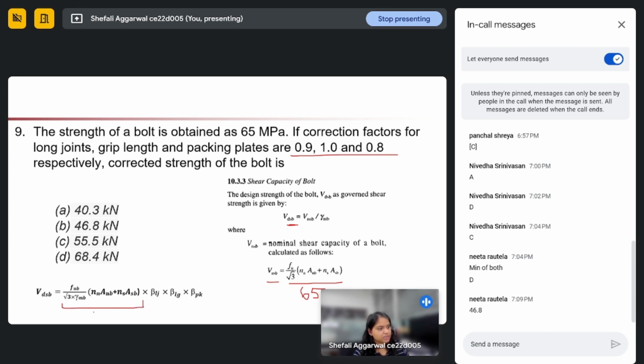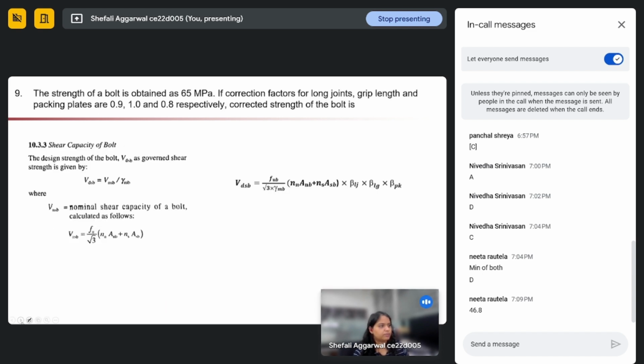Then we have correction factors, BLG, BPK. We will multiply all these factors and then we can get the value. In this case, it will come as 46.8, the correct answer.